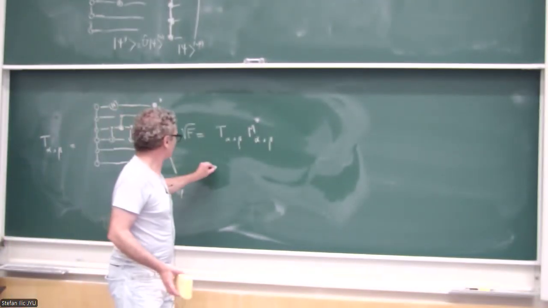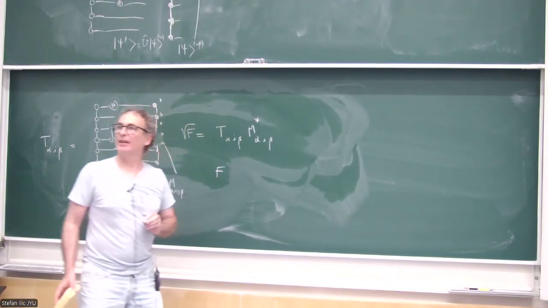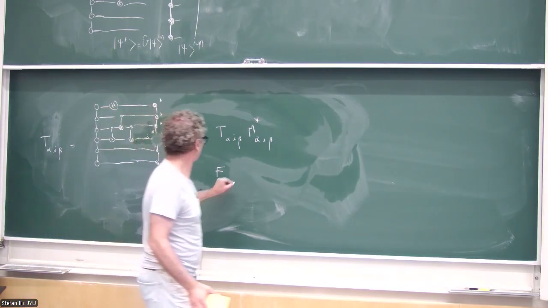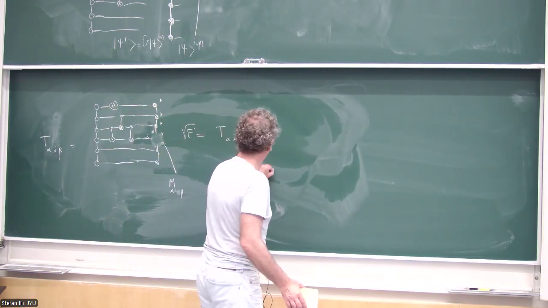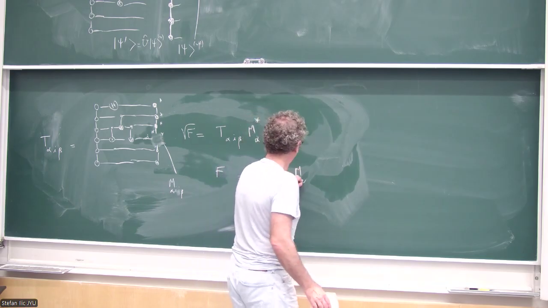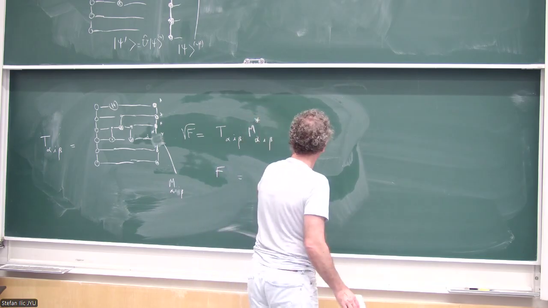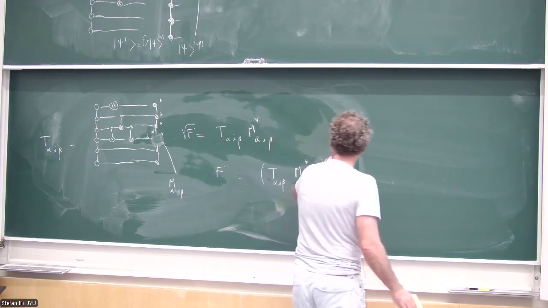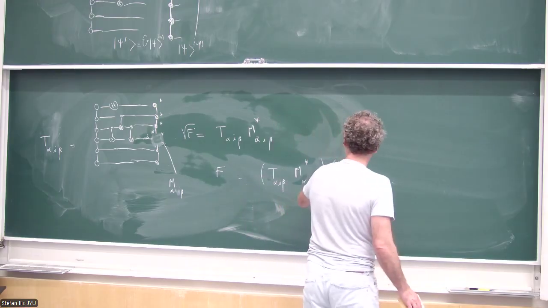Okay, so now I want to maximize F. So F is going to be T alpha I beta M alpha I beta star times its complex conjugate.